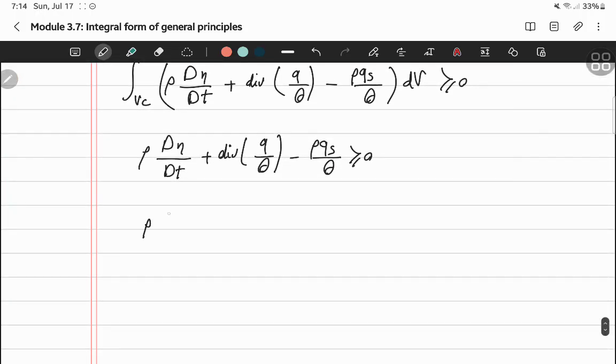Therefore, we have rho d eta/dt is greater or equal to minus the divergence of q over theta plus rho qs over theta.